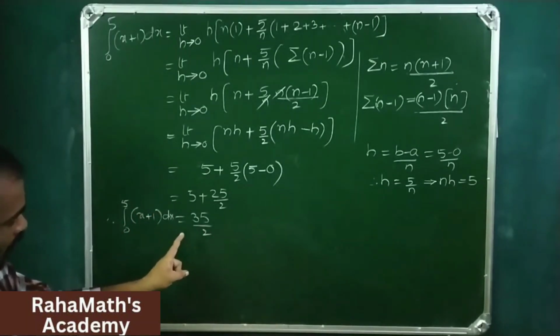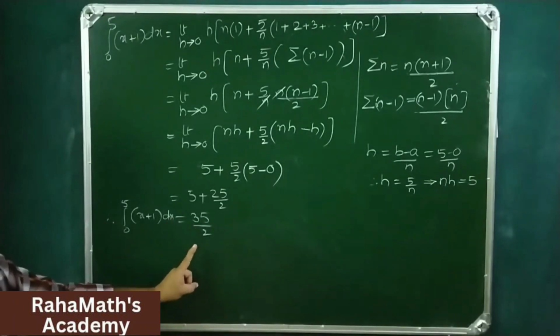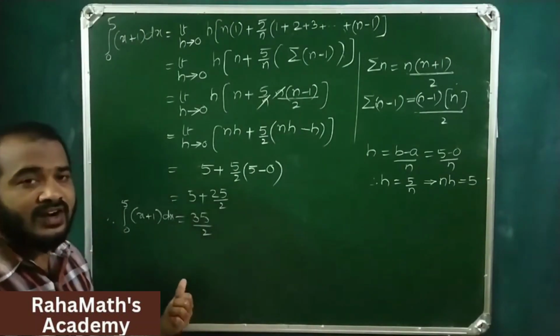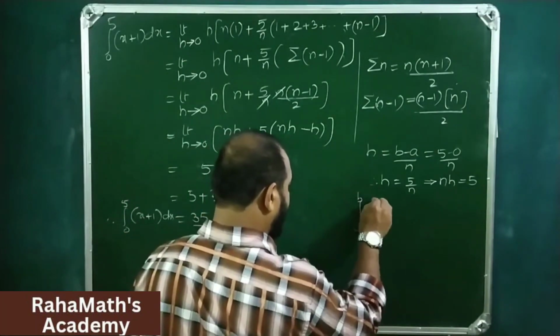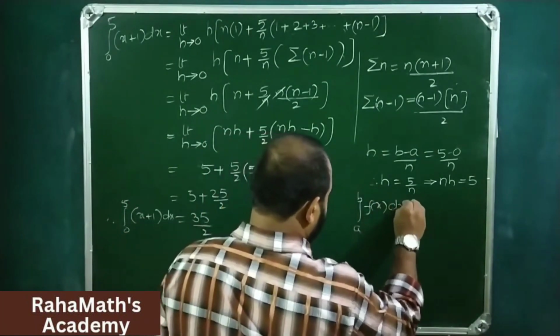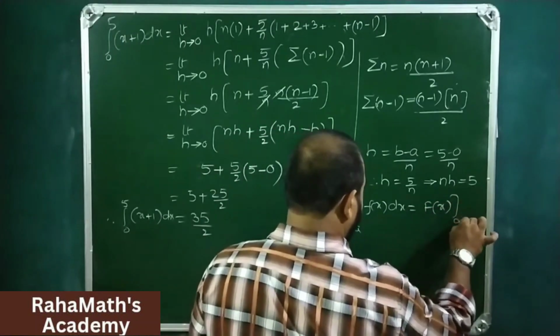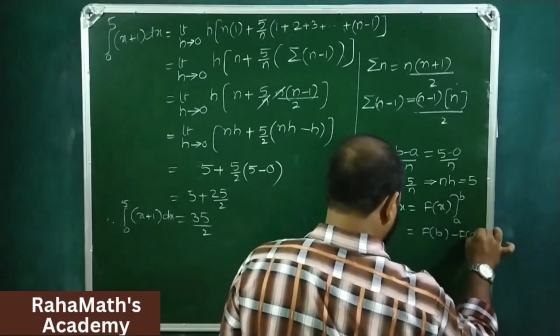But if we want to know whether the solution is correct or not, we can use the direct method. What is that? The fundamental theorem of integral calculus. What is the fundamental theorem of integral calculus? Integral a to b f of x dx is equal to F of x from a to b, that is equal to F of b minus F of a.